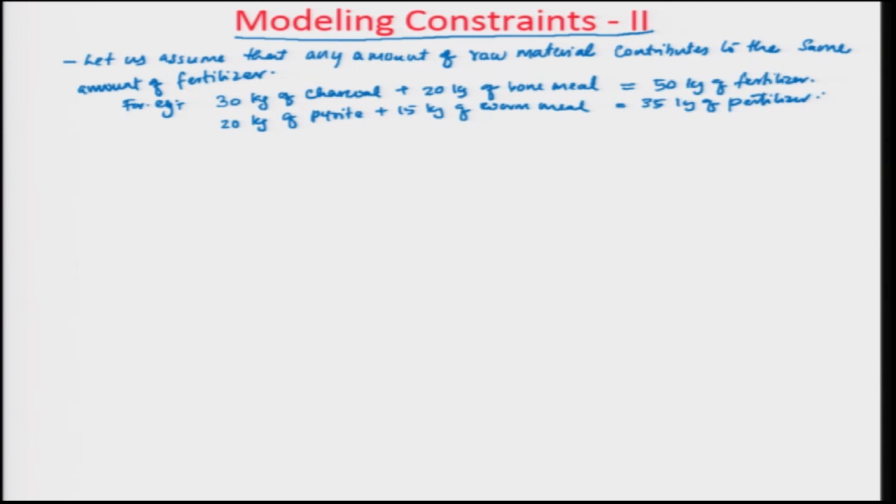The composition of the other requirements might vary, but the quantity will be the same: any amount of raw material will give you the same amount of fertilizer. So if you use this many kilograms, it will give you exactly the same kilograms. These will match. This is what we assume.